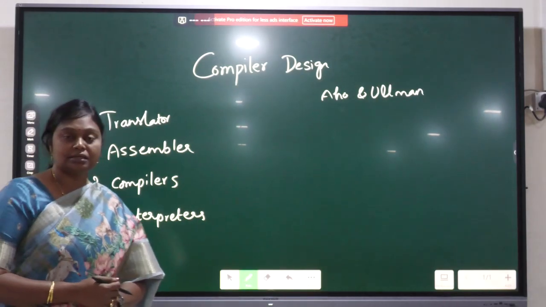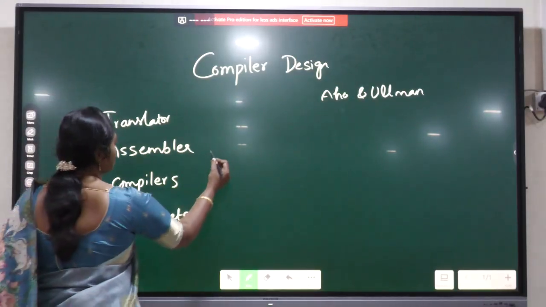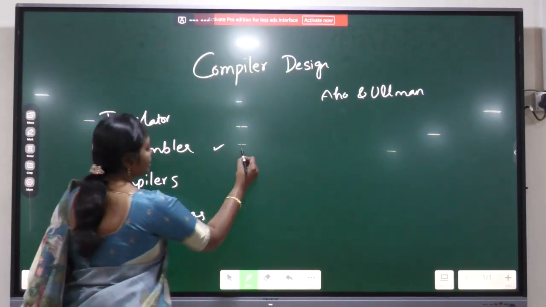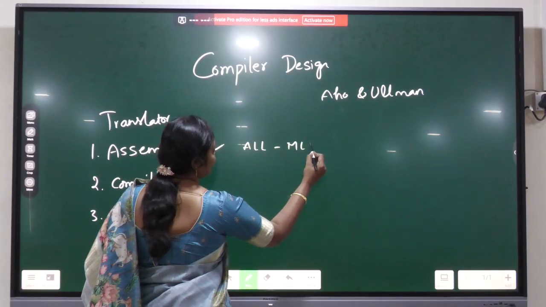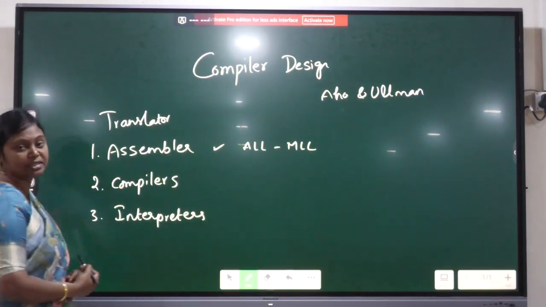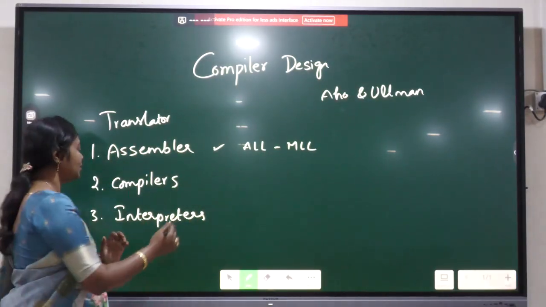Okay, a translator will convert a source program to a target program. The assembler will convert assembly level programming language to machine level programming language. This is the task of the assembler.